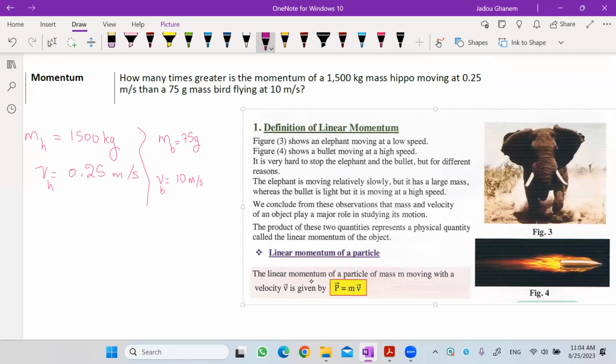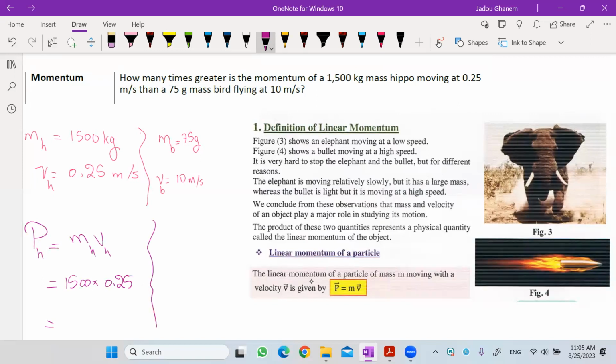So if I start with the first one, the linear momentum of the hippo, p_h, will be equal to m v for the hippo. The values will be 1500 times 0.25.